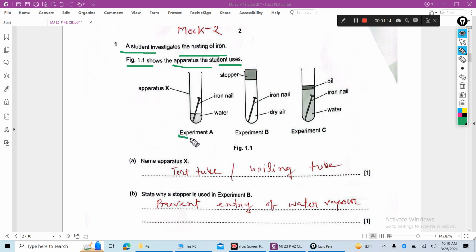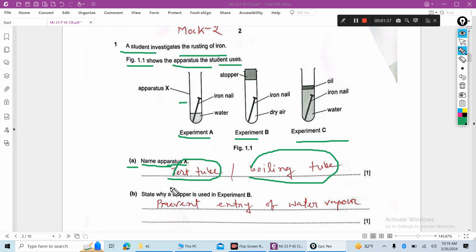This is experiment A, experiment B, experiment C. Three experiments have been done. Now A, name apparatus X. For this apparatus, you can write test tube or boiling tube, you get marks.